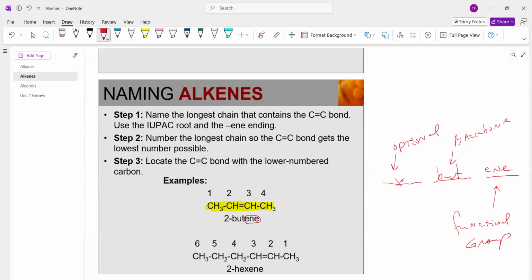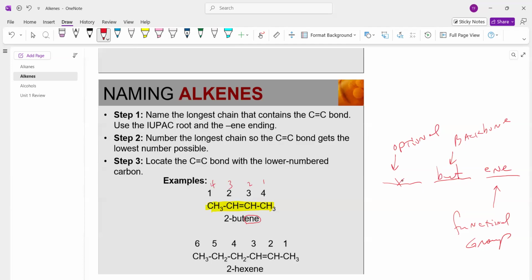Now we have to say what carbon on the backbone is the functional group. Okay, in this case, it's going to be carbon number 2, regardless of which way. So if we numbered from left to right, it'd be 1, 2, 3, 4. If we started on the right, it would be 1, 2, 3, 4, going from right to left.